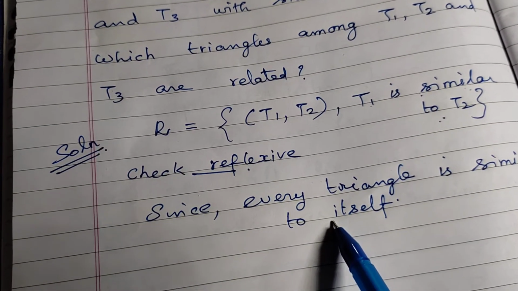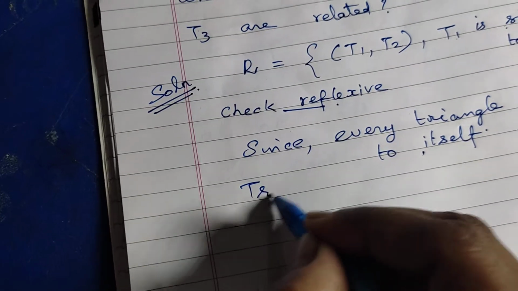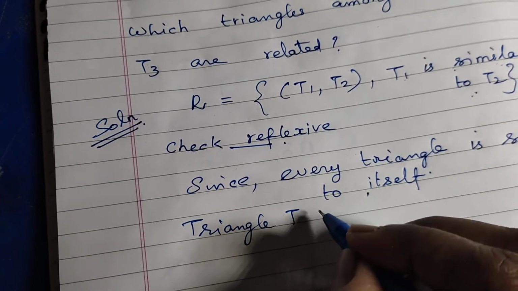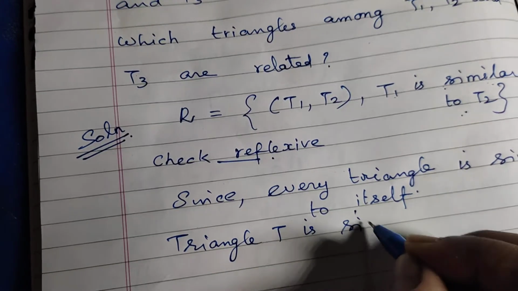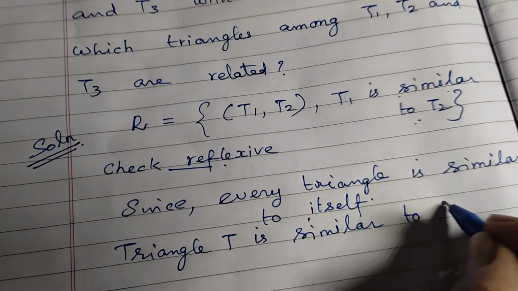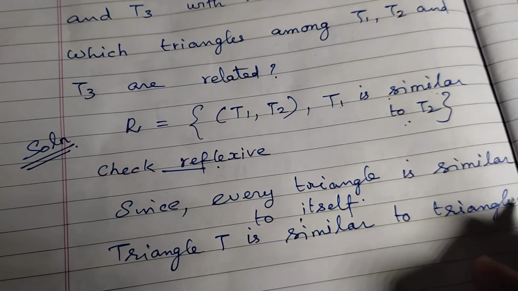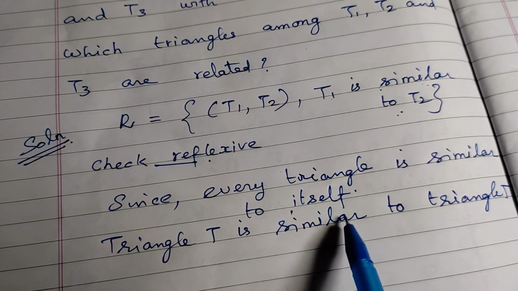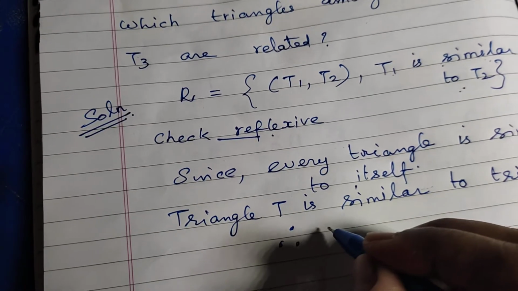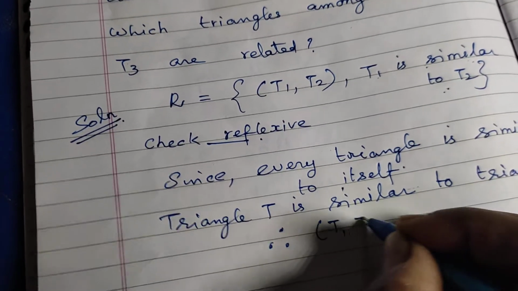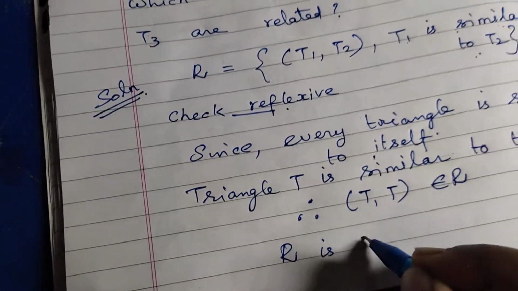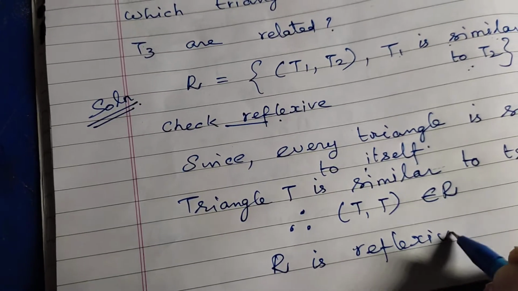Therefore, we can say that triangle T is similar to the same triangle T. This statement means (T, T) belongs to R. That means R is reflexive.